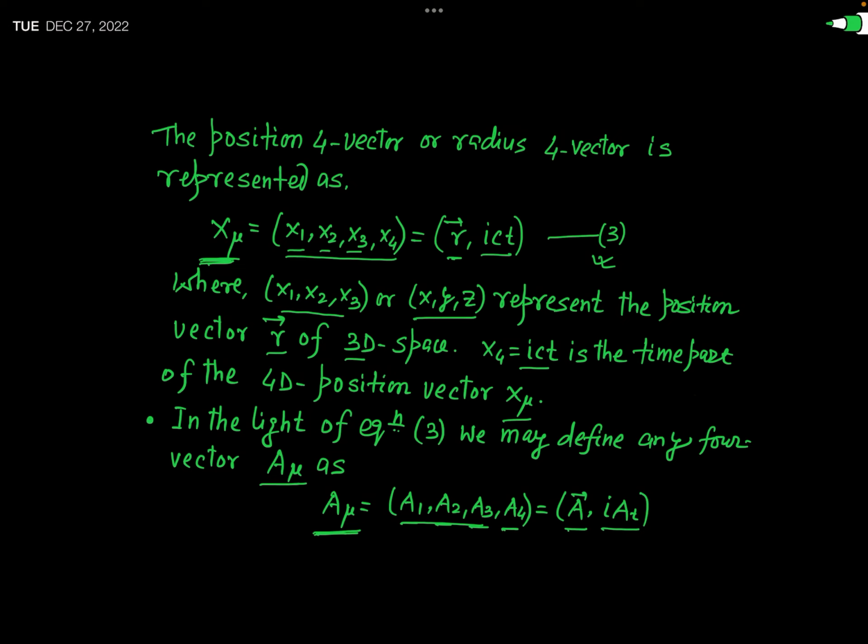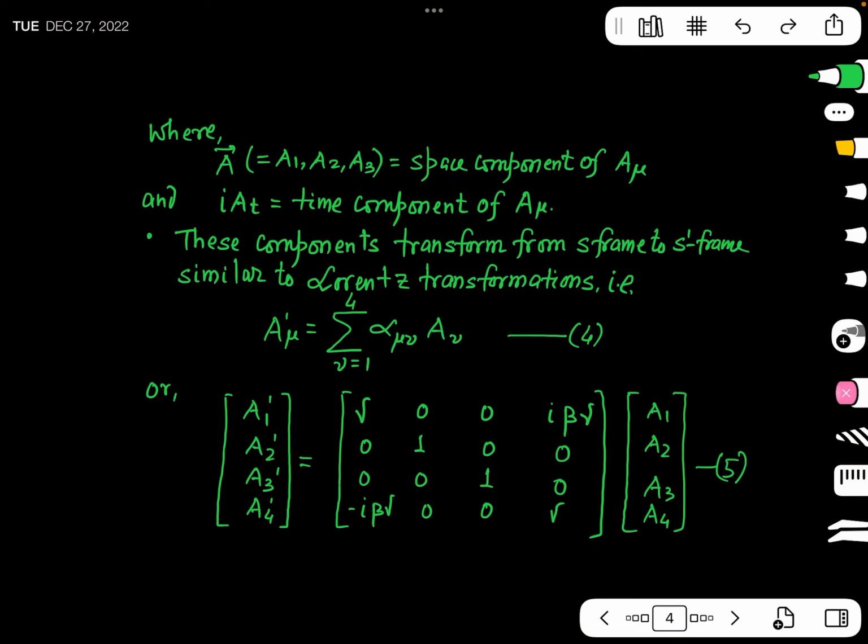It means if you know the components of A mu in frame S, which are A1, A2, A3 and A4, then you can easily find the components of A mu in the prime coordinate system, that is, in frame S prime. Simply operate the transformation matrix on the components A1, A2, A3 and A4, and you will get the corresponding components of this 4 vector in the S prime frame. You can see it here.